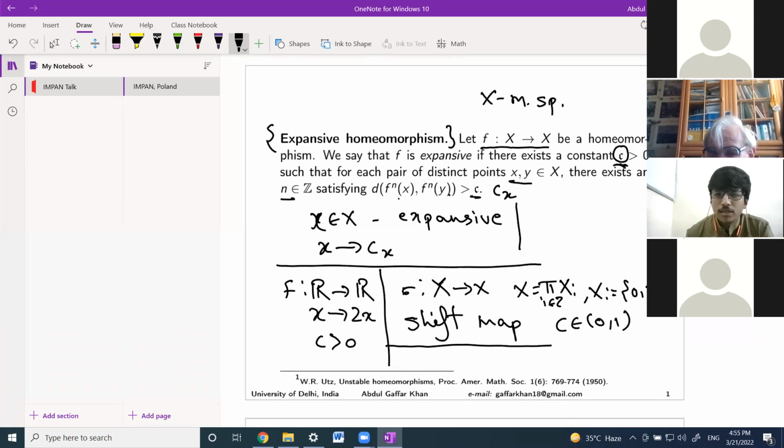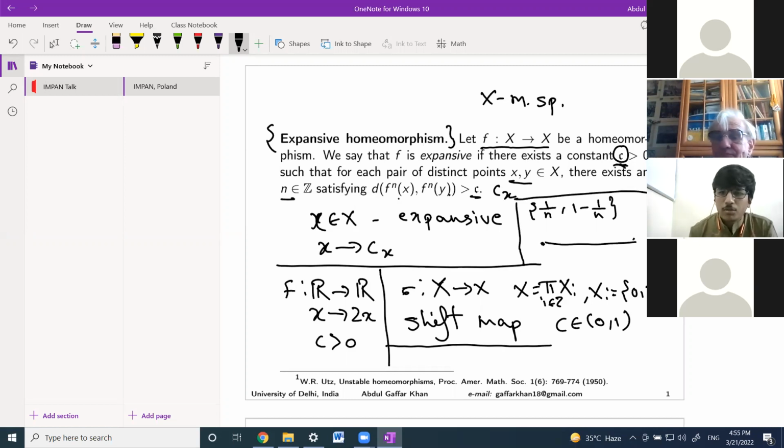For some more examples, one can look into this space, 1 minus 1/n. The idea of defining the homeomorphism is simple. Take 0, 1/2, 2/3, and so on, which converges to 1, and 1/3, 1/4, and so on.